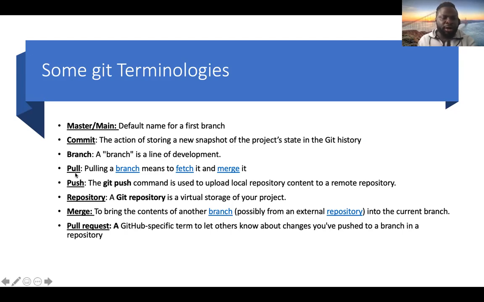Then there's pull. With git pull, it will take all the copy of the code that is on GitHub and put it on your local computer. If you have Git installed on your computer, it will work, and you see the copy of that code right there.